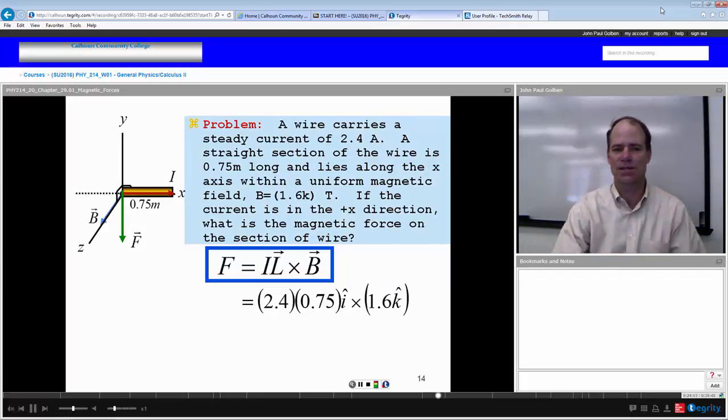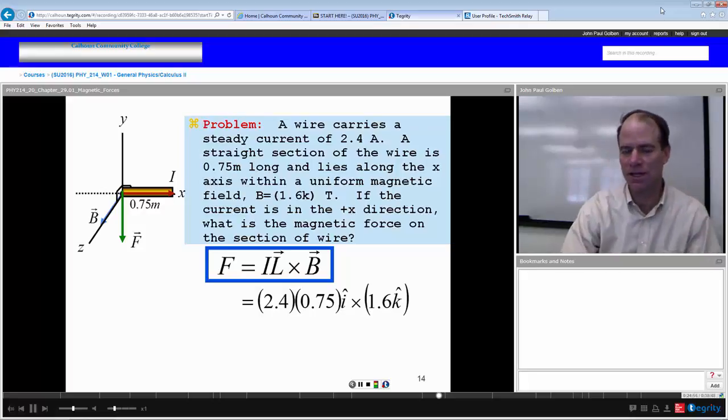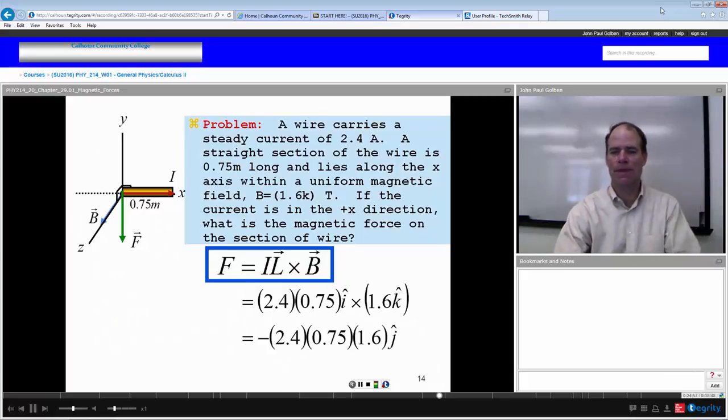So the force is going to be down in the y direction, and it's going to be equal to negative 2.4 times 0.75 times 1.6, or negative 2.88 j newtons. So that's the other way that you could figure out the force on a current carrying wire in a magnetic field.